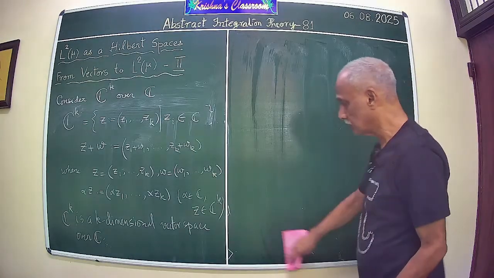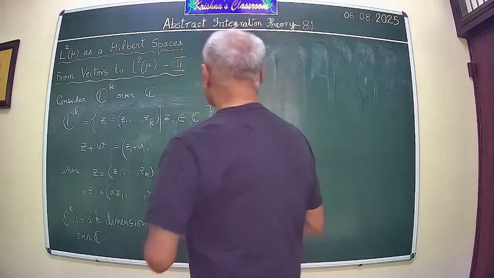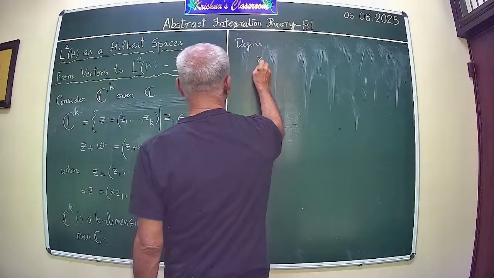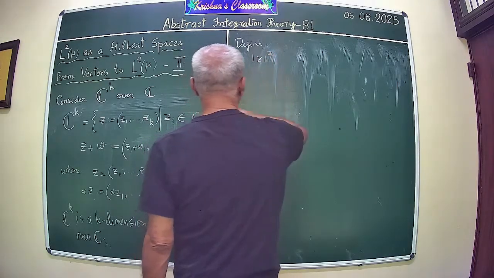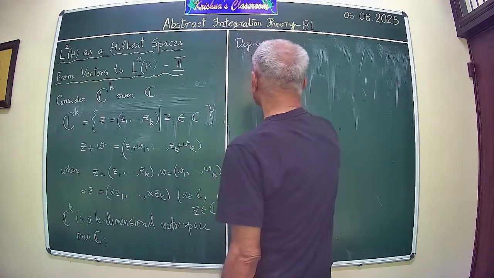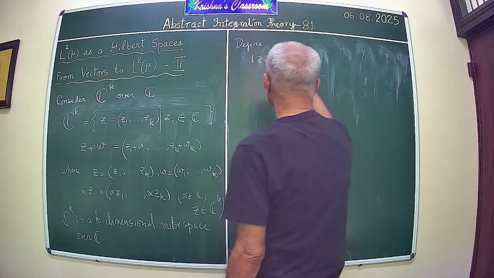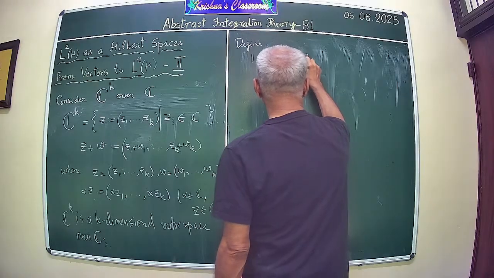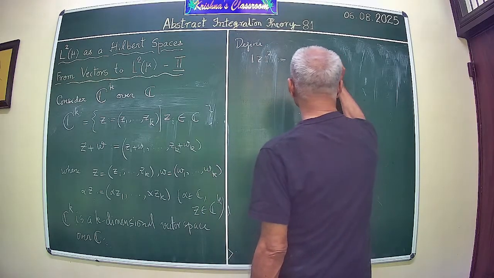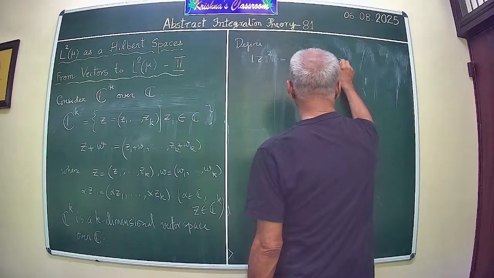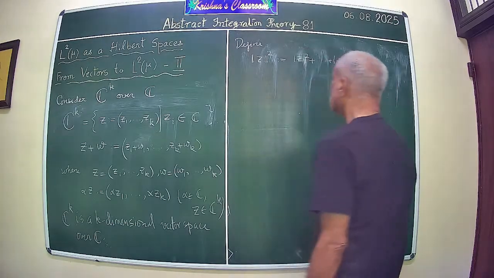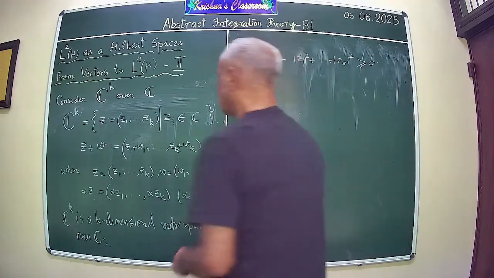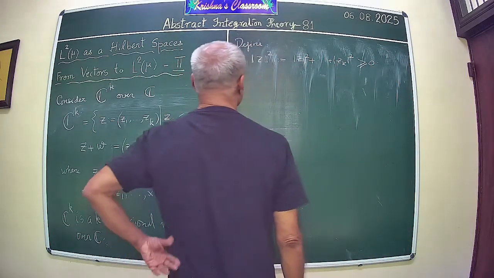Now you define, and this is of course greater than or equal to 0. This has all the nice properties of the length, right?